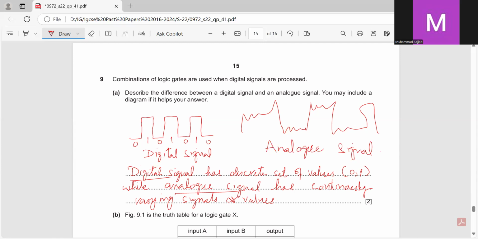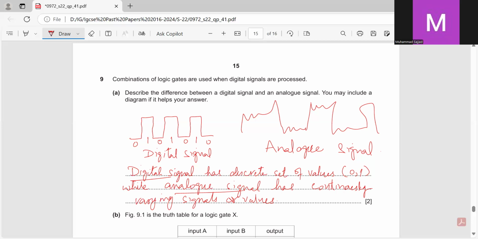Maybe some are 18 years old, some are 19 years old, and many are in between 18 and 19, like this 17 to 19. If 30 students, there might be 13 different values of the ages or your masses or your heights. So the masses of the students in a class, analog values. Heights of the students in a class, analog values. Ages of the students in a class, analog values.